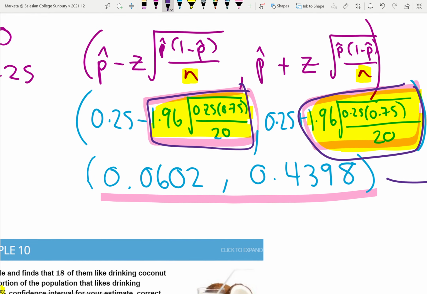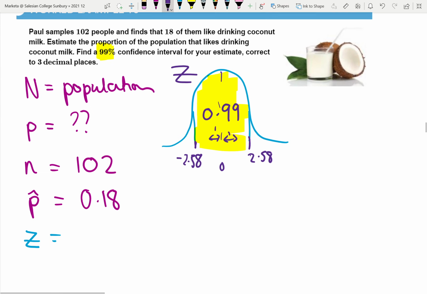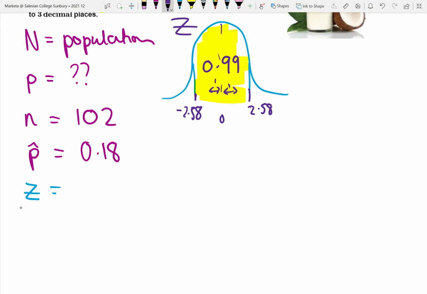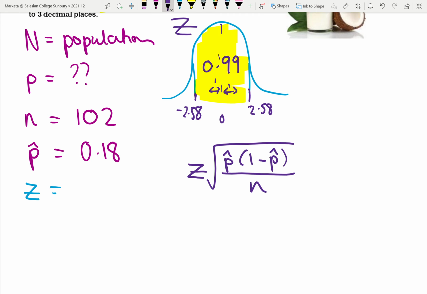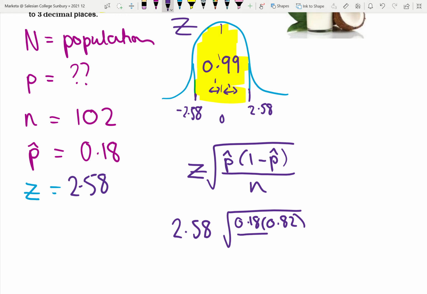We've got our Z value times the square root of P hat, 1 minus P hat, over N. The Z value is 2.58, P hat is 0.18, 1 minus 0.18 is 0.82, and N is 102.